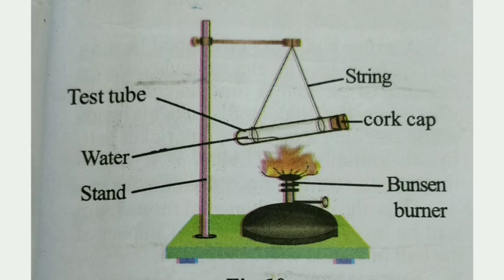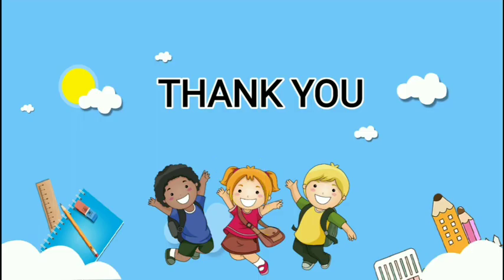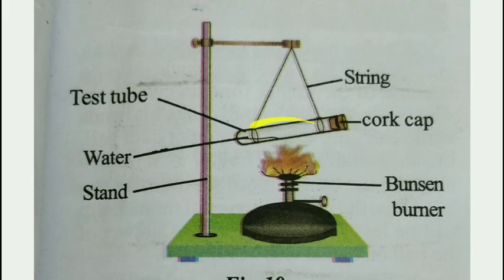The water which is inside the test tube will get heated first. Then the water in the test tube will be evaporated, and I will heat until all the water vaporizes, and at last what will happen?